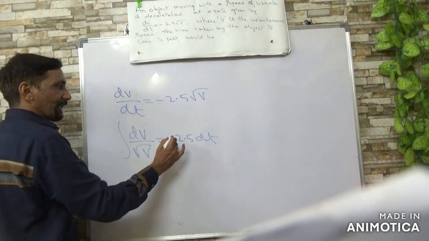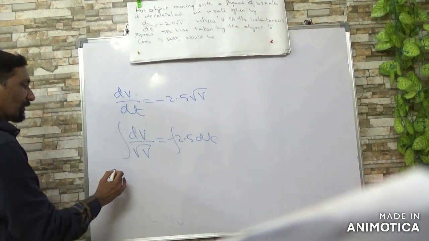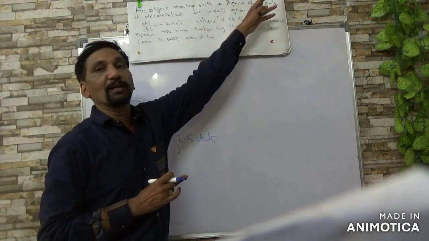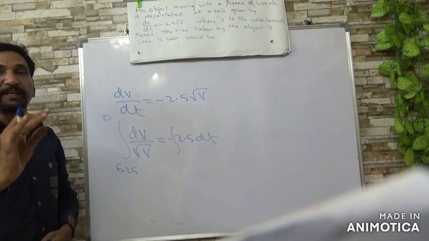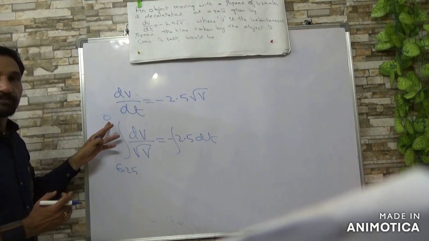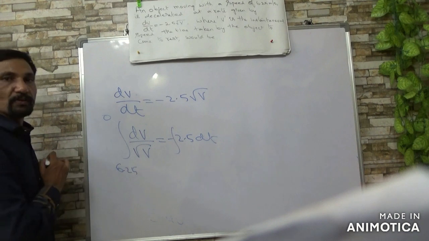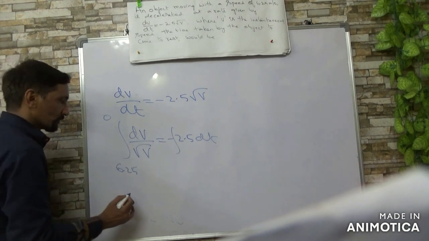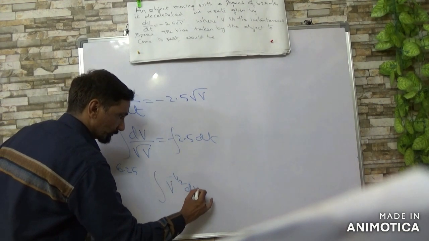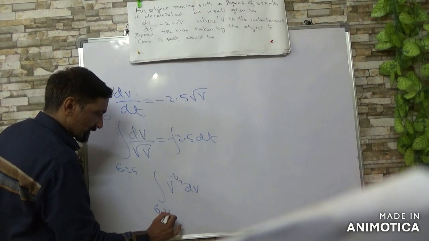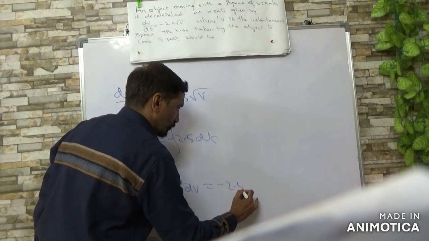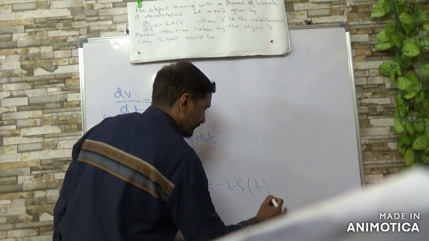So integrate between the limits 6.25 to 0, because the particle in the beginning is moving with 6.25 meters per second and decelerated, so the final velocity is 0.